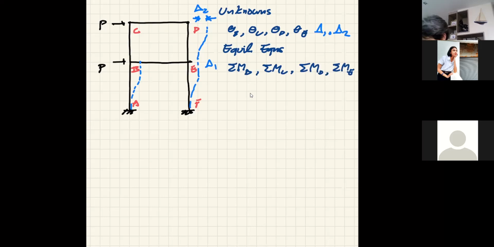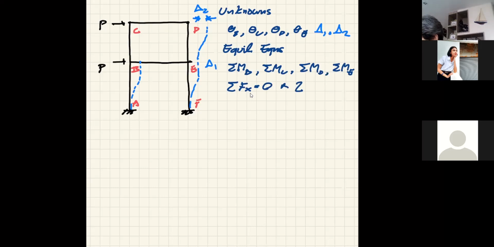And because you have 2 floors, generally you should have 2 horizontal displacements as unknowns, right? But you can only have 1 sigma Fx. But in terms of type of equations, it's 1 sigma Fx, but we can always have as many sigma Fx's as we want. So we're just going to need 2 of them.